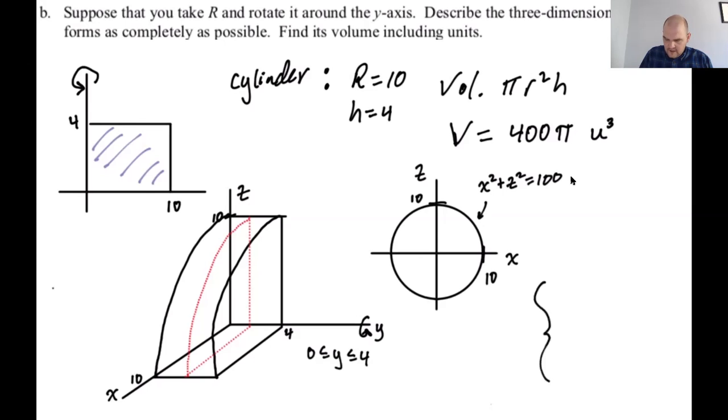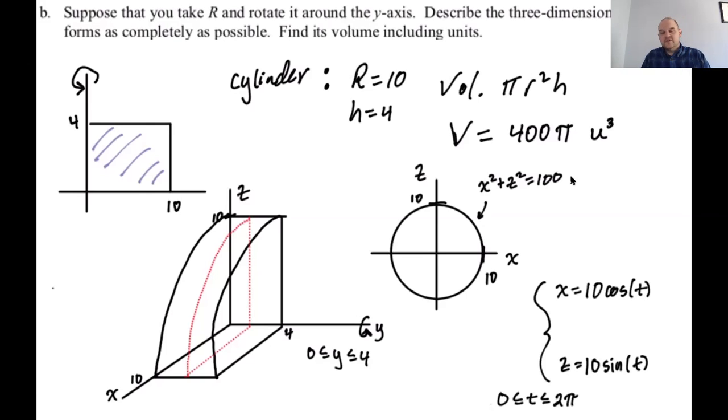Here I go. All right, so I said x and z, I can parameterize just as a circle, right? So 10 cosine, I'm going to say t, and then 10 sine of t. And then I'm going to say that t is between 0 and 2 pi.